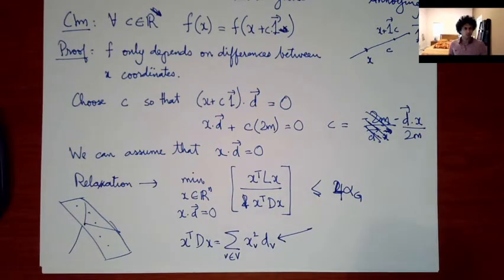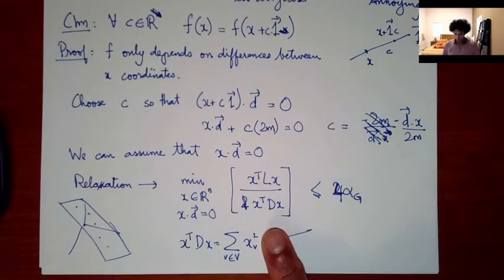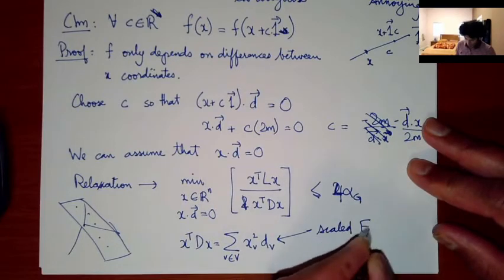This looks a lot like a Euclidean norm. If all the degrees were the same, this would just be a Euclidean norm. Unfortunately, all the dv's are not the same, so it's not a Euclidean norm, but this is like a scaled Euclidean norm.